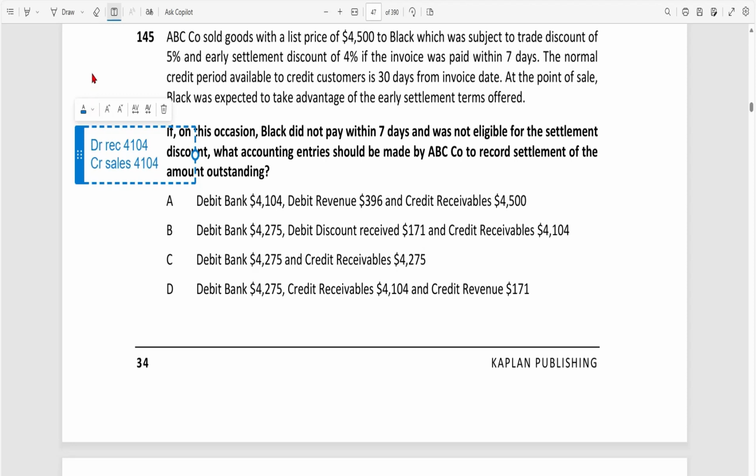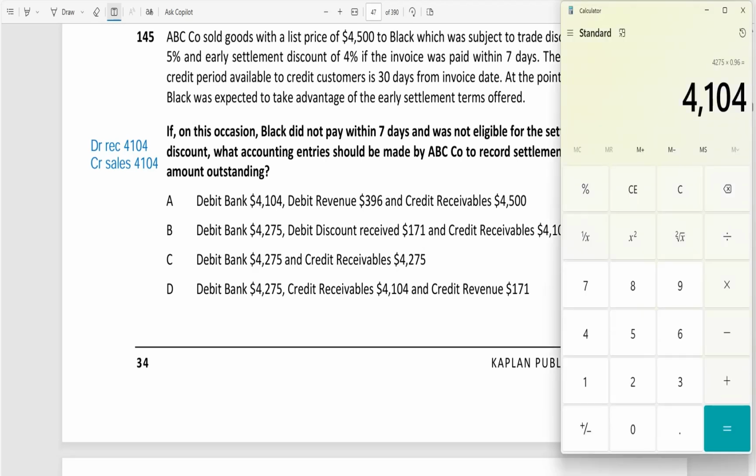See, if the customer was not sure at the time of sale whether they will pay within 7 days or not, in that case the receivable balance we need to book will be 4275, but here the customer was sure that they will pay the amount within the 7 days. That's why we considered a further 4% discount of early settlement, and that gives the balance of 4104.